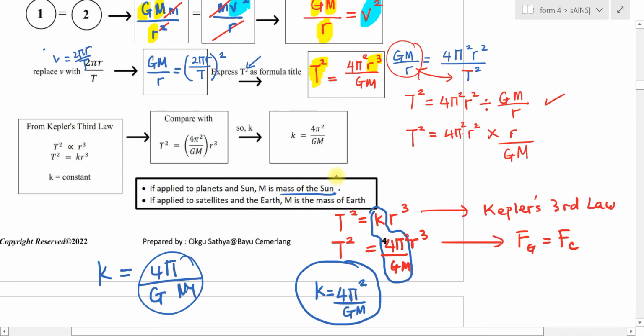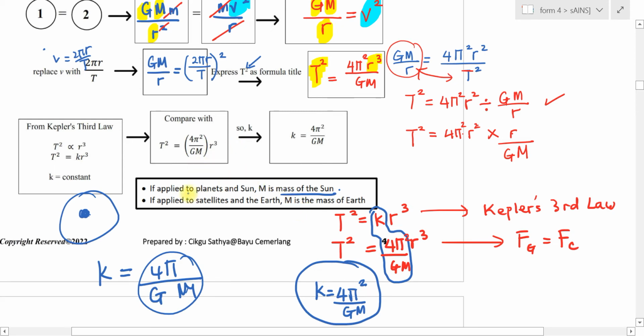Sometimes, we are not talking about the sun. It's like our Earth is the center, movement of satellite. So, kalau kita nak tengok movement of satellite, Earth is the center, so your mass of the Earth will be the M. Kita pandai-pandai tukarlah. Whether it's a planet to sun or satellite to Earth.